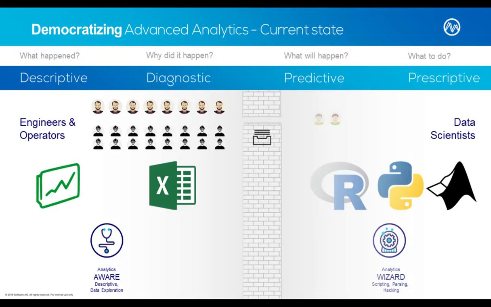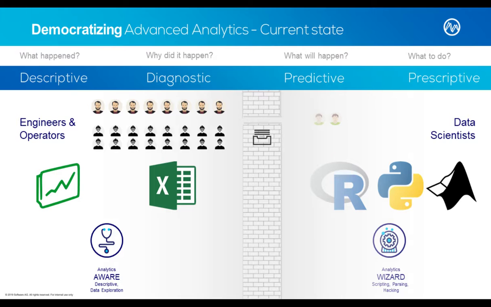If we take a closer look at what that means, I talked about a barrier already. Typically, engineers and operators, they'll be on the left-hand side of this diagram. They are typically looking for answers on the questions, what has happened and why did it happen? So root cause analysis. Typical tools used for these kind of questions are trending lines, Excel, spreadsheets.